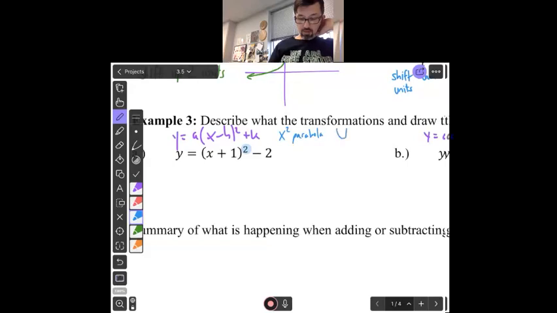Okay. And then what does the +1 do? What does the -2 do? So what's happening to this parabola that we have? What's the +1 do? What's the -2 do?